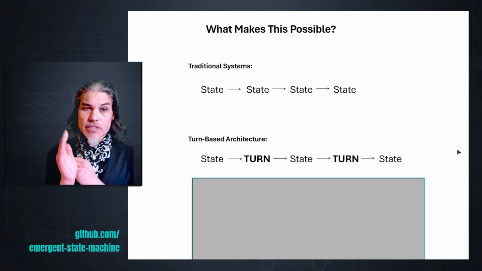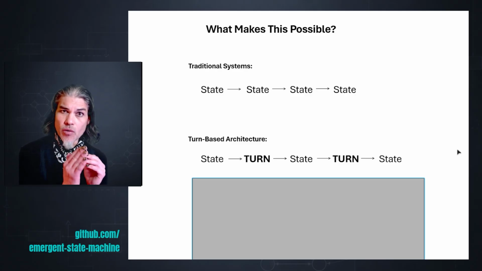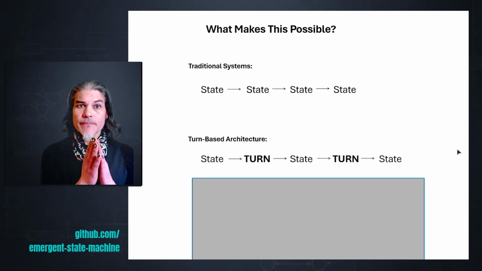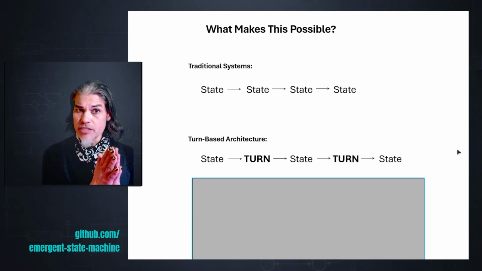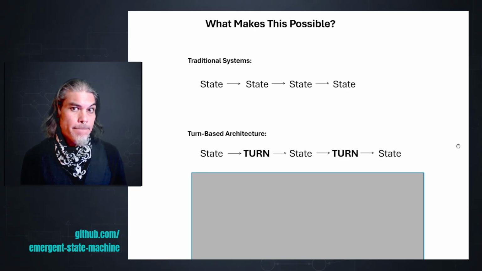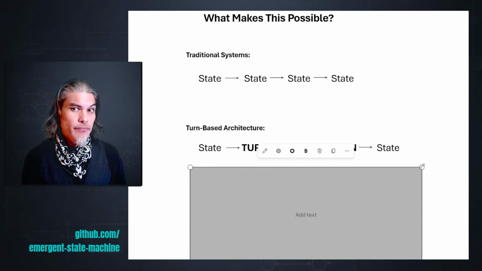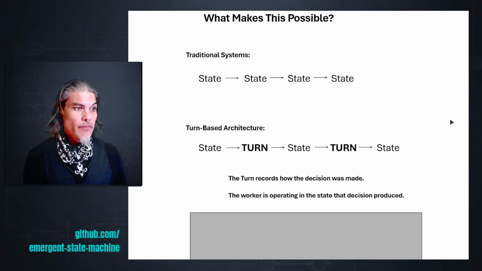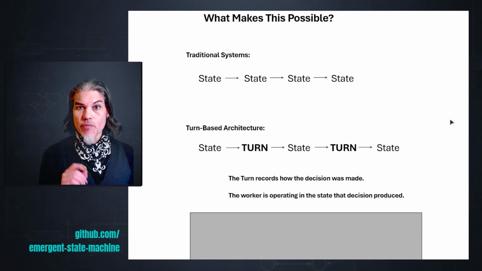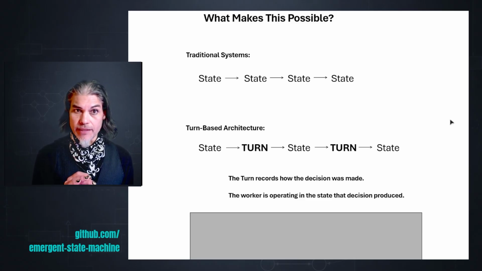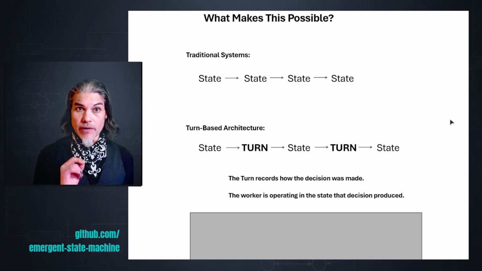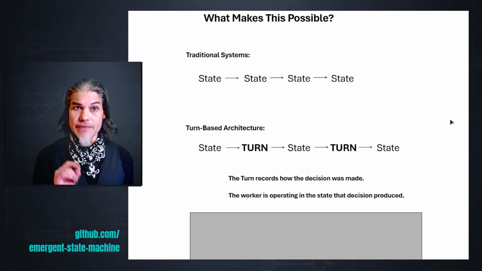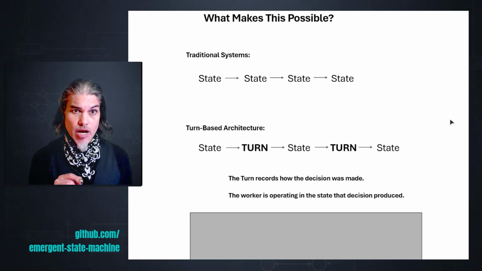A traditional system logs what happened. An ESM system records why it happened. The turn records how the decision was made. The worker in our example is operating in the state that decision produced.